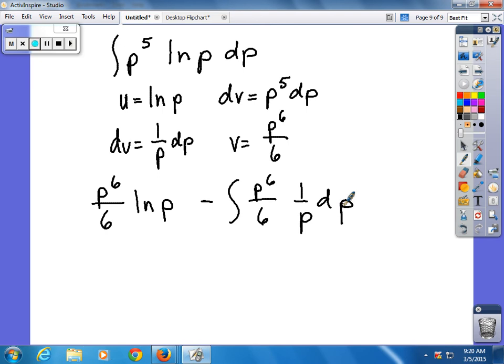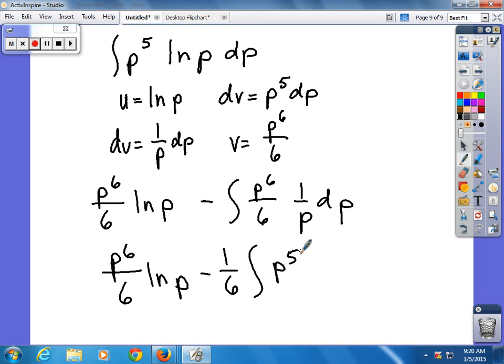So P to the 6th over 6, natural log of P. That 1/6 can come out, and then you have the antiderivative of P to the 5th dP. And I think we can do that.